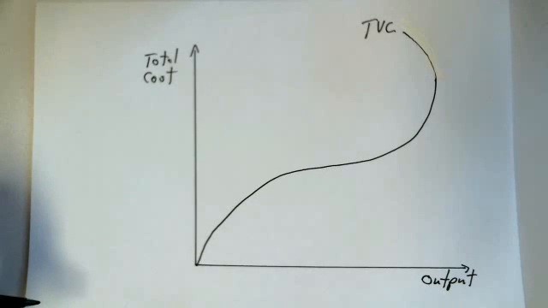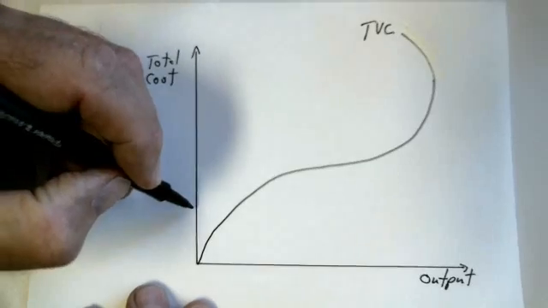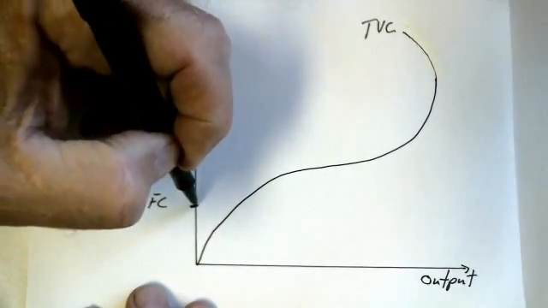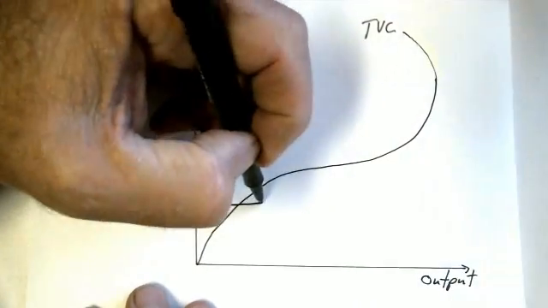Now the next one is really kind of simple, and it's the total fixed cost curve. Fixed cost is so simple because by definition, fixed costs are those costs that don't vary with output. So total fixed cost will just be some number, and it will just run straight across like that.